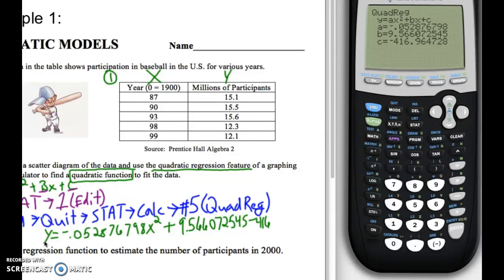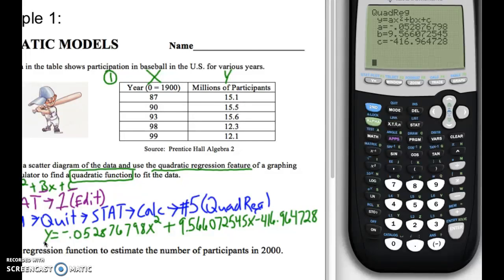I'm sorry, I need an x after my b term. And then minus 416.964728. This part A asks for find the quadratic function to fit the data.